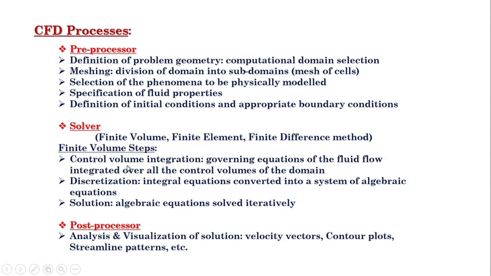In finite volume, it first integrates the governing equations of fluid flow over all the control volumes of the domain, and then it discretizes the integral equations, converting them into a system of algebraic equations, and these algebraic equations we can solve iteratively. After the solution is completed, we go for postprocessing. By doing CFD simulation, we can analyze and visualize the solution, like velocity vector analysis, contour plots, streamline patterns, and many others.